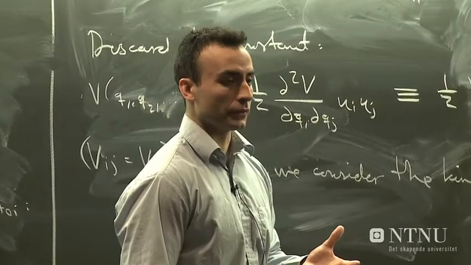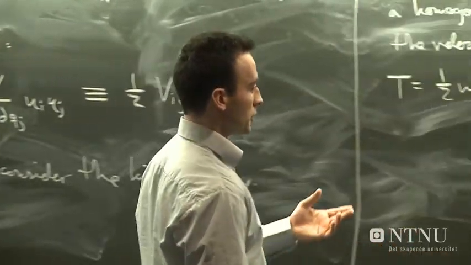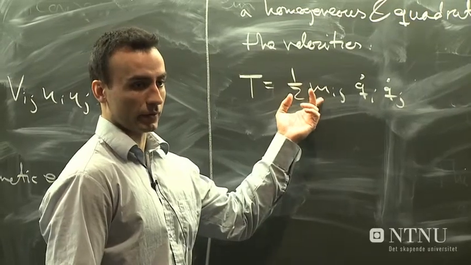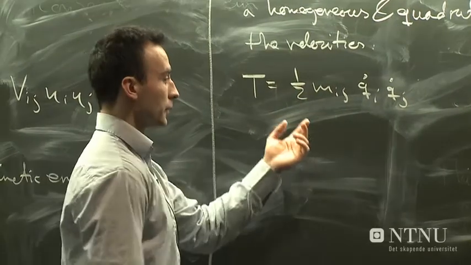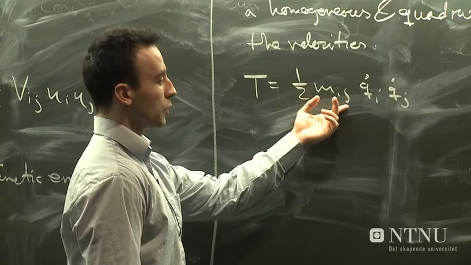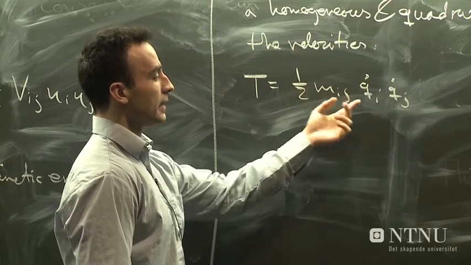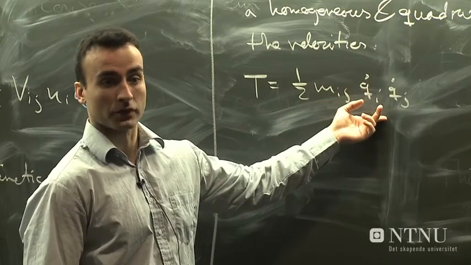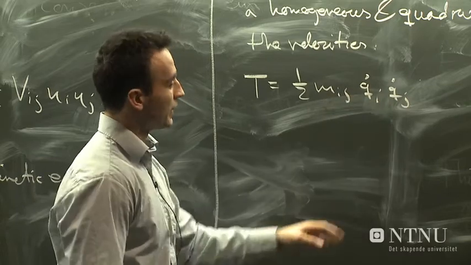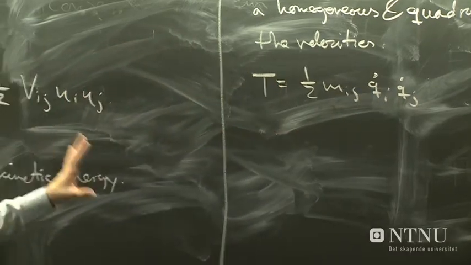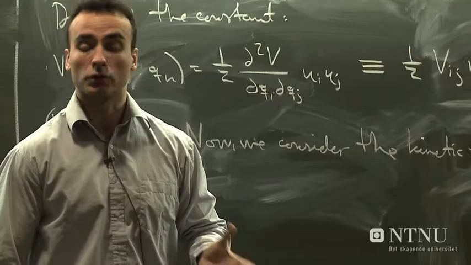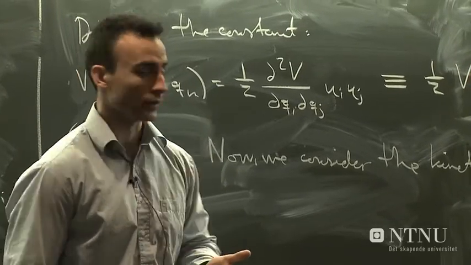If you just consider a free particle moving, then you would just have a diagonal matrix. You would only have non-zero values for equal coordinates, so you get 1/2 m (x dot squared plus y dot squared), for instance. So we consider the possibility that we might have cross terms here to make it more general.